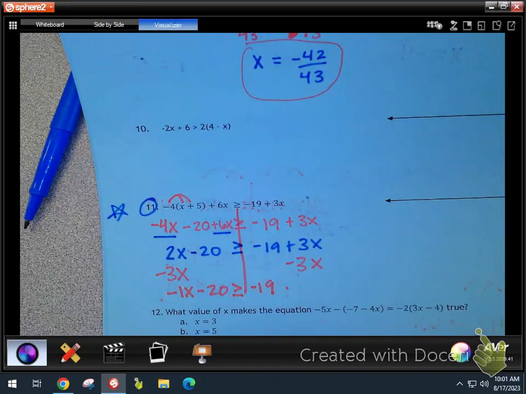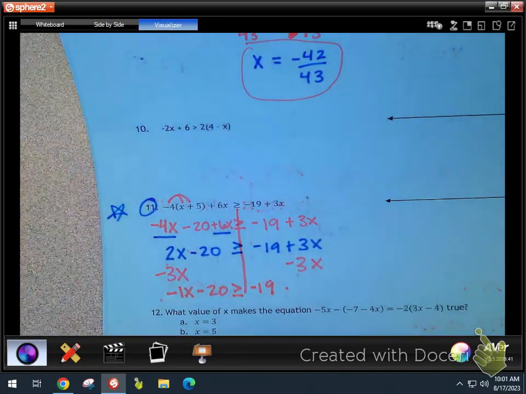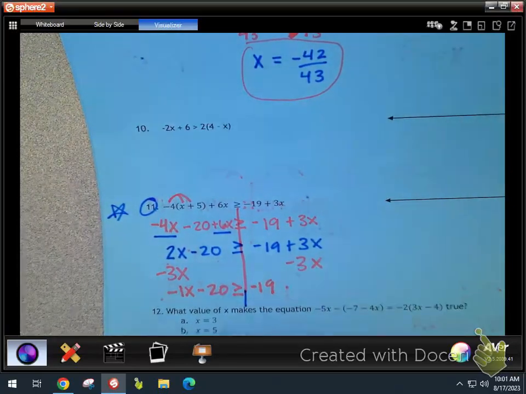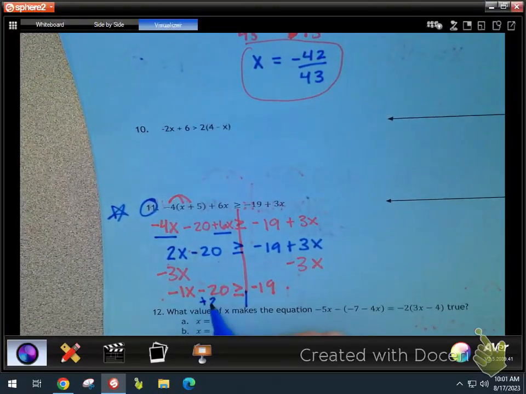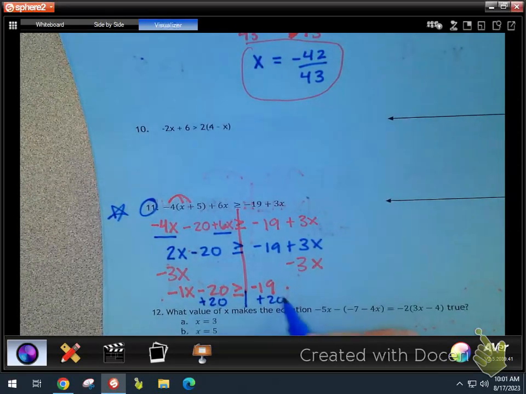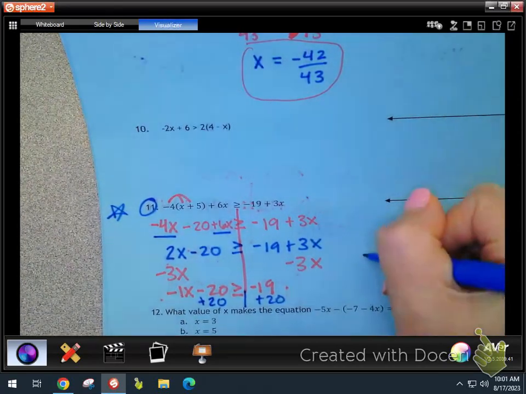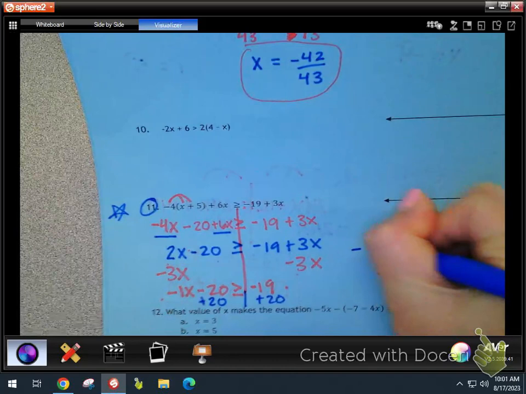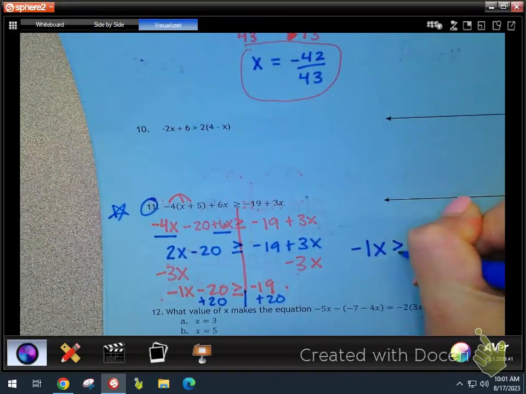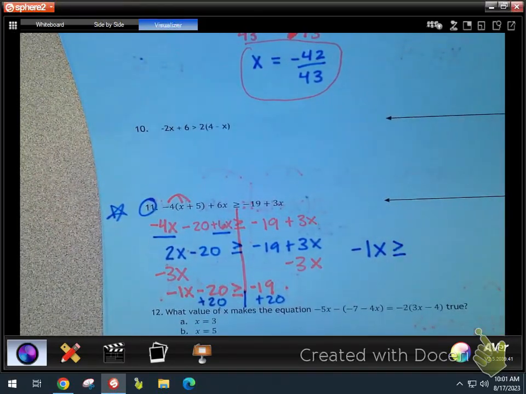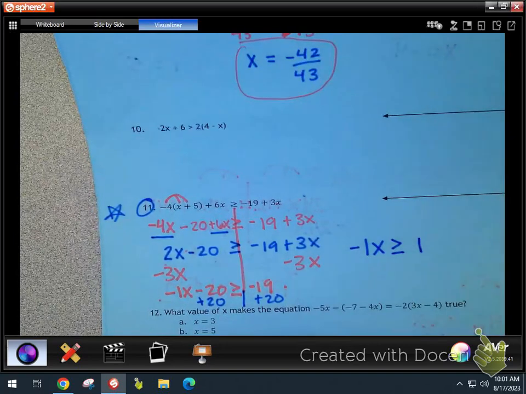That means the constants need to go to the right. So we got to move a minus 20 by adding 20. You writing with me? These take a lot of space, which I didn't exactly give on this packet, so I'm sorry. Negative 1x is greater than or equal to negative 19 plus 20, which is 1.